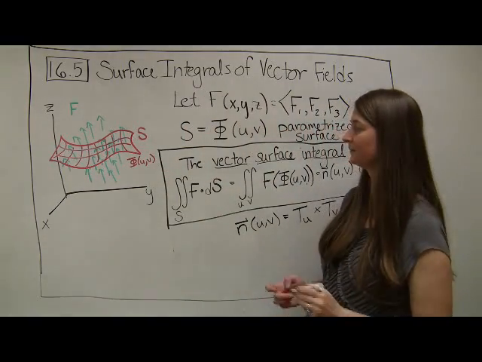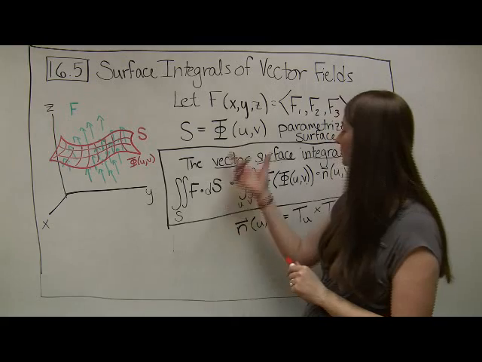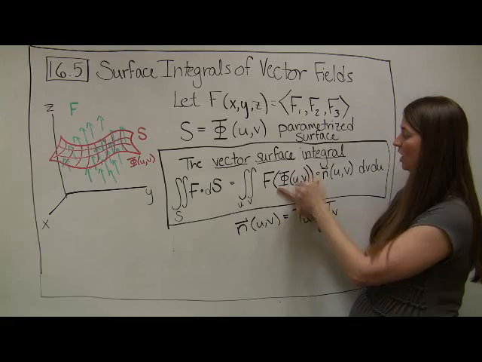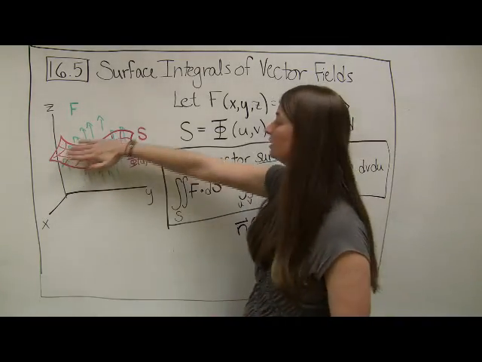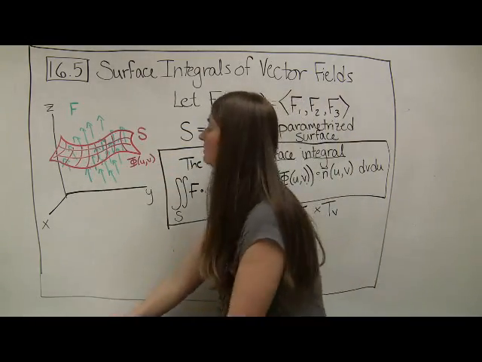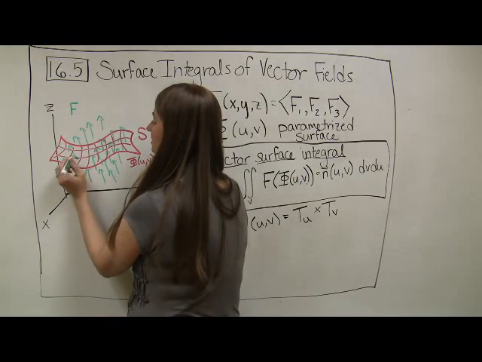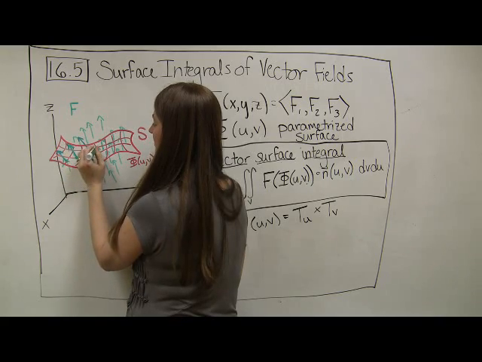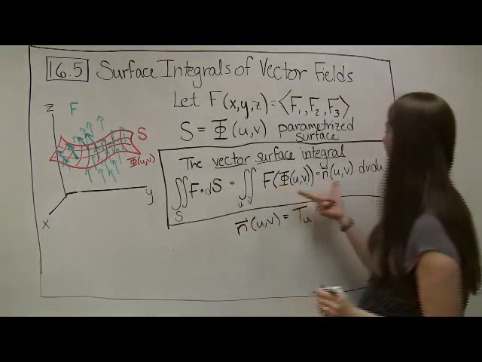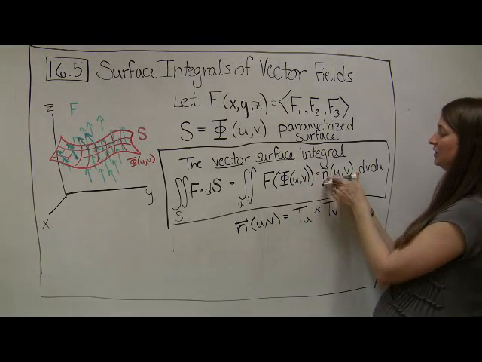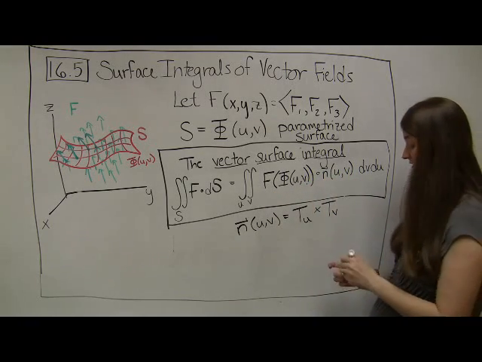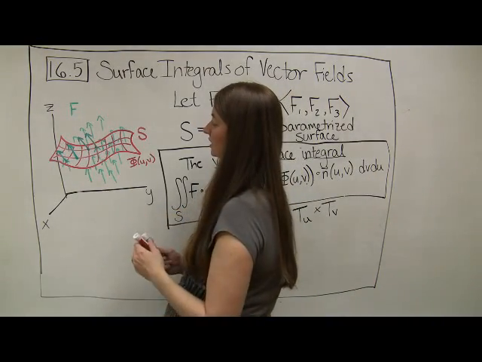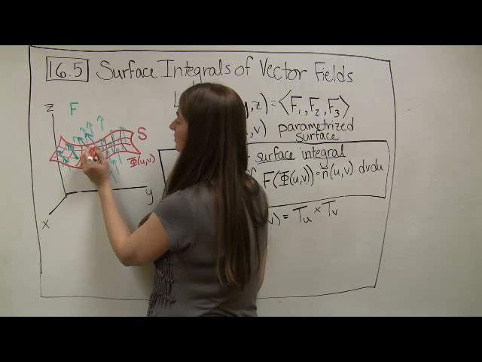We want to know what is going on here. I'm evaluating my vector field F along my surface. At any point on the surface, I'm asking myself, what vector is coming out of this surface for any of the points on it? The second part is the dot product with my normal vector to this surface. Recall last time that when I take my T_u and my T_v and take the cross product of those, that gives me my normal vector to the surface.